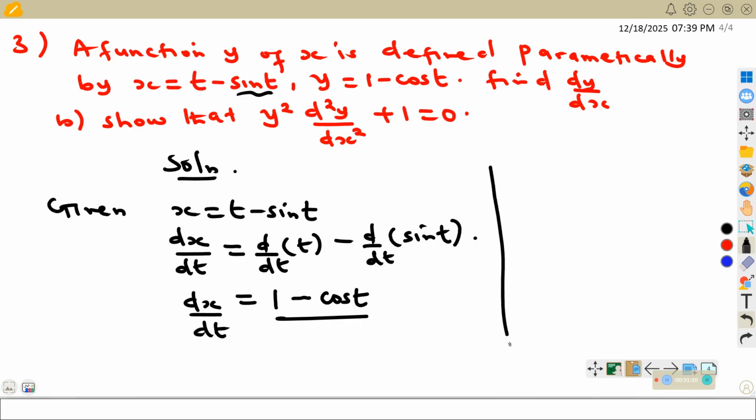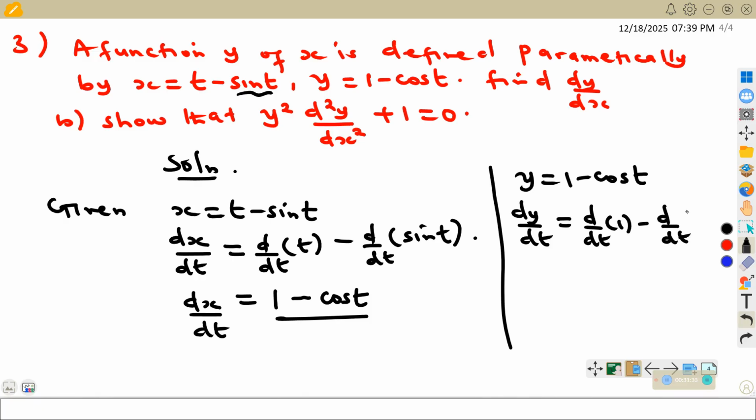Okay, so next we are also given y is same as 1 minus cos of t. So what is dy/dt? We shall differentiate this at once. Differentiate 1, you get 0. What we are doing is differentiating 1 with respect to t, then again differentiating cos of t with respect to t.